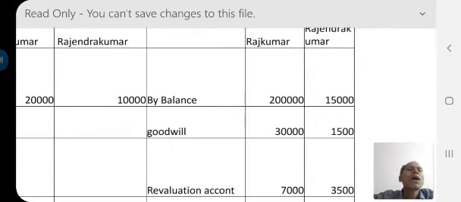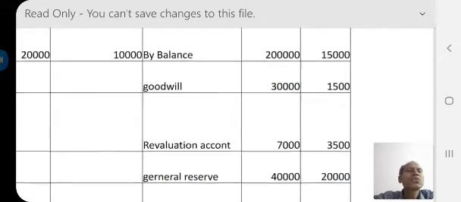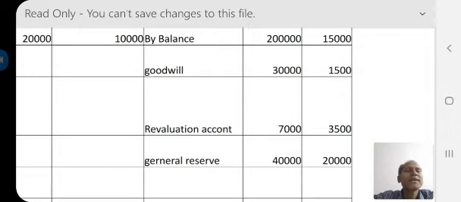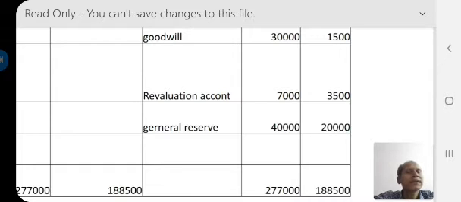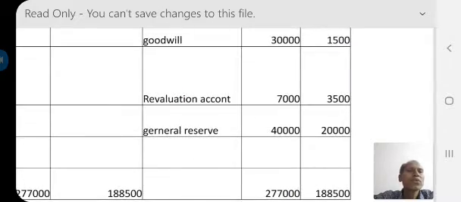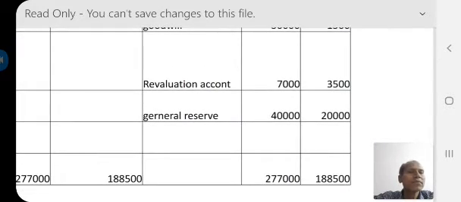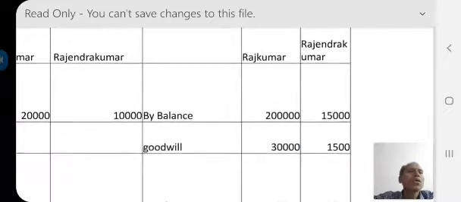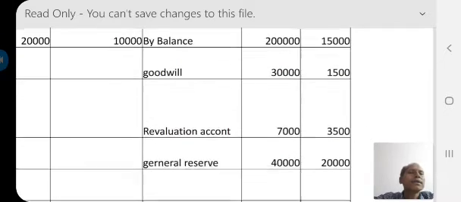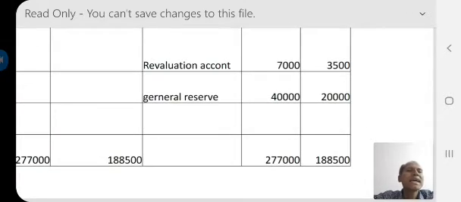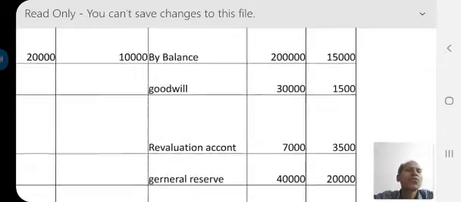Now, revaluation account, already we have made entry, so 7,000, 3,500. General reserve also distributed, 40,000, 20,000. Okay. So the total is 2,77,000 of Rajkumar and 1,88,500 of Rajendra Kumar.